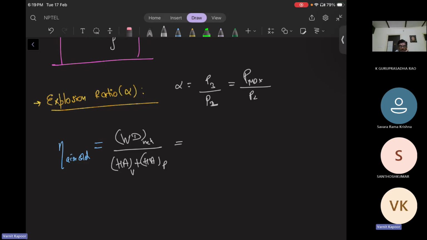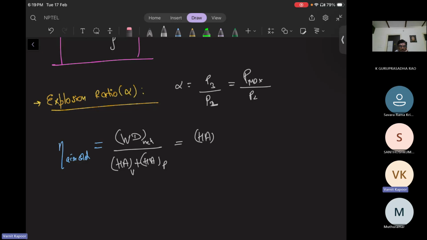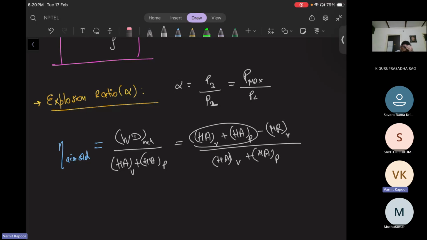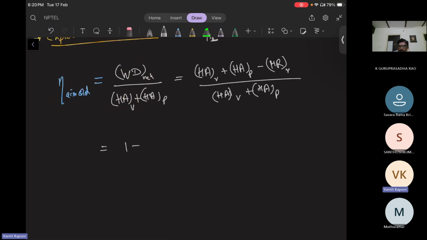So it will be heat addition at constant volume plus heat addition at constant pressure minus heat rejection at constant volume, to that of heat addition at constant volume plus heat addition at constant pressure. So you can divide this and separate it out. So this is 1 minus heat rejection at constant volume to that of heat addition at constant volume plus heat addition at constant pressure.